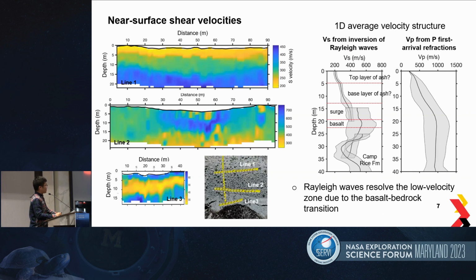A prominent feature from the map is the low velocity zone from line 3, which is due to the transition from basalt to the underlying Camp Rice formation. All the 2D results are also highlighted by our 1D average velocity structure, compared to the P wave velocity from the first arrival refractions. Shear wave velocity from surface wave inversion reveals more details, in particular the low velocity structure, which is not resolved by the P wave refraction.